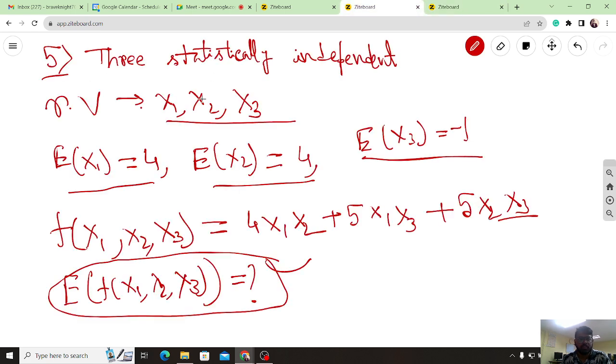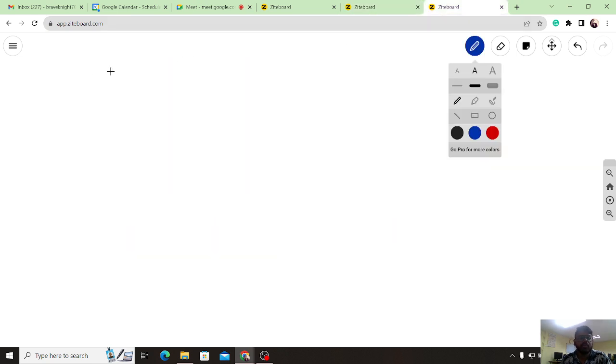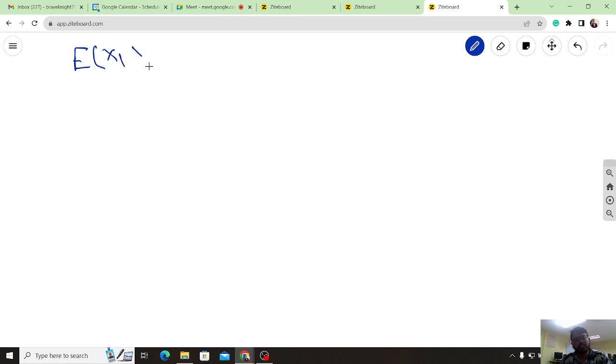First of all, I have stated that these random variables are independent. So if the random variables are independent, I can write expected value of x1 x2 is equal to expected value of x1 and expected value of x2.